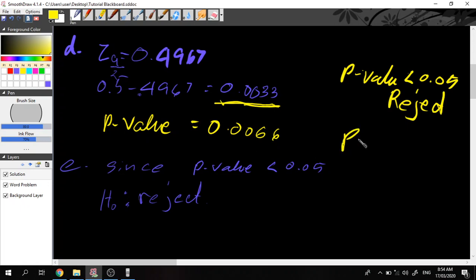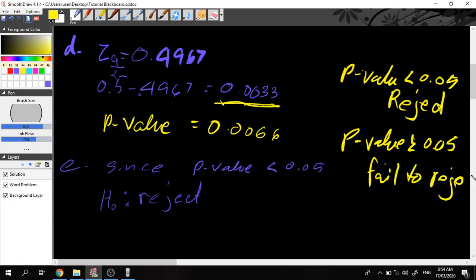Pero pag yung ating p-value ay greater than or equal to 0.05, we fail to reject H0. Okay. So, that's it. Ganun lang siya mag-test ng hypothesis.